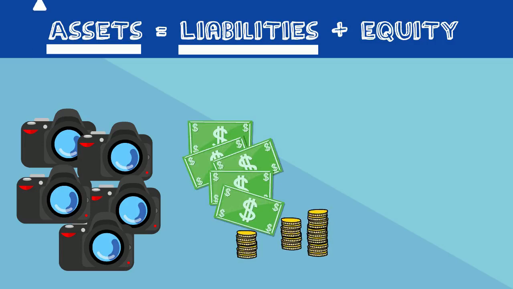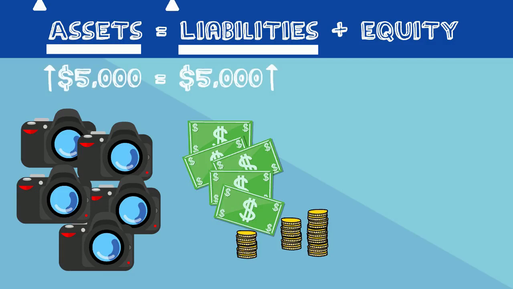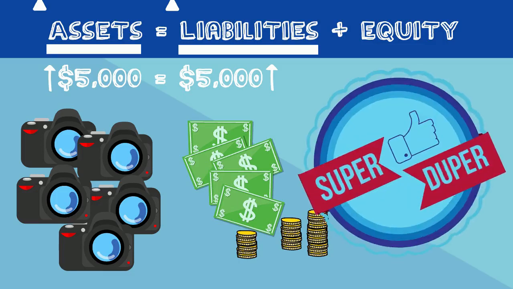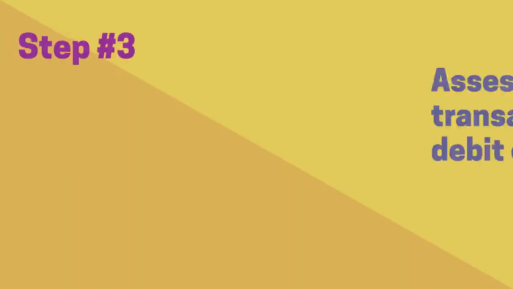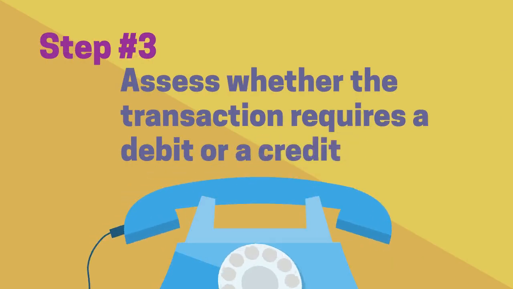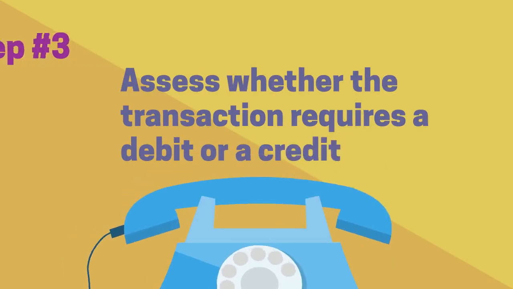So, accounts payable needs to increase to show the additional money we owe, which means liabilities would be increasing on the accounting equation. Assets increase by $5,000, the amount of the cameras, and liabilities increase by $5,000. The accounting equation is still in balance. Bravo!